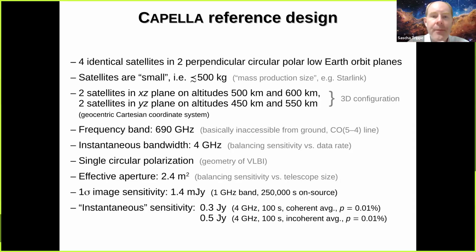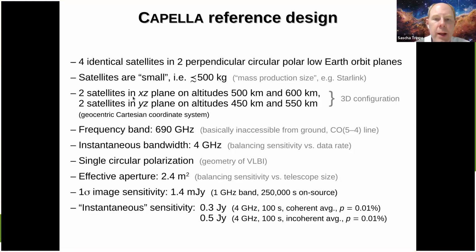Small usually means less than roughly 500 kilograms, which is nowadays kind of a standard platform size, almost mass production size if you think about Starlink or other future internet communication constellations.